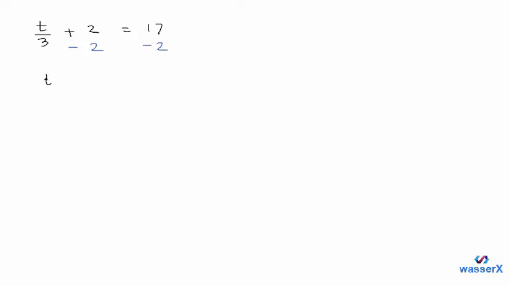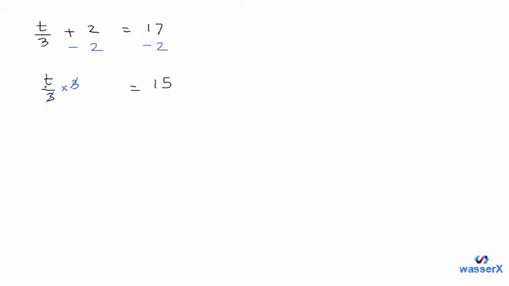That would give us t over 3 plus 2 minus 2 is plus 0, or t over 3 simply is equal to 17 minus 2, which is 15. Now what this means is a number divided by 3 is 15. To find the number, multiply this side by 3. The 3 and the 3 will get cancelled.